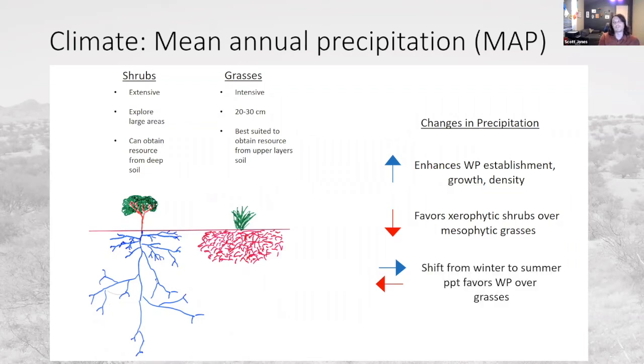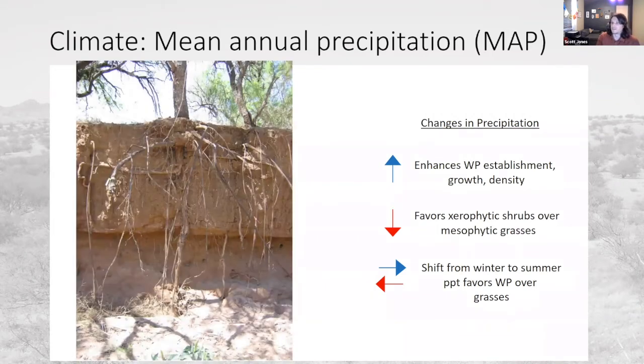And then if you start shifting precipitation from winter months to summer months, which is projected under our climate projections as we get warmer, you'll see longer times of drought, and then our precipitation will come in just large bursts in the summer. That is projected to also favor woody plants over grasses. I like these photos that I included here.